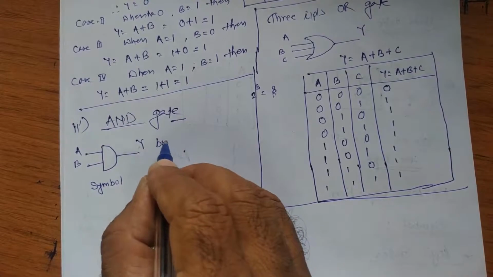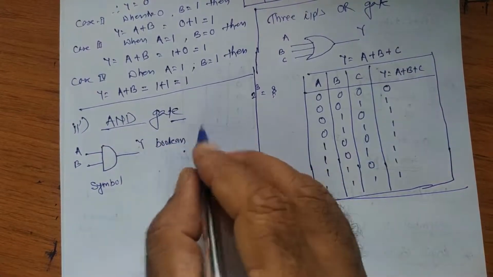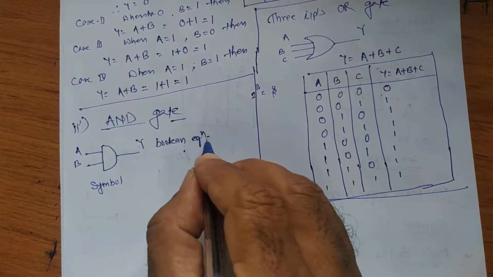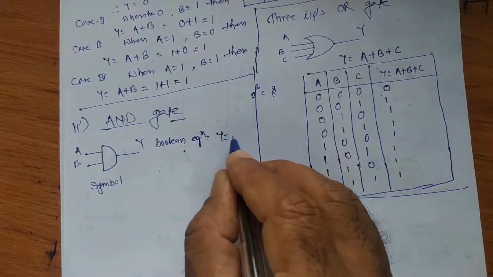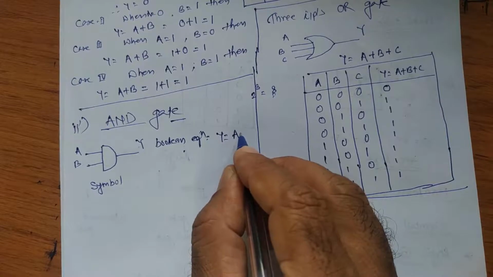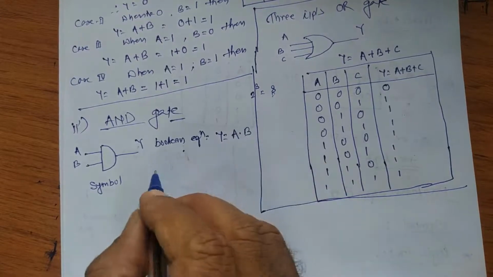Its Boolean equation: Y is equal to A and B.